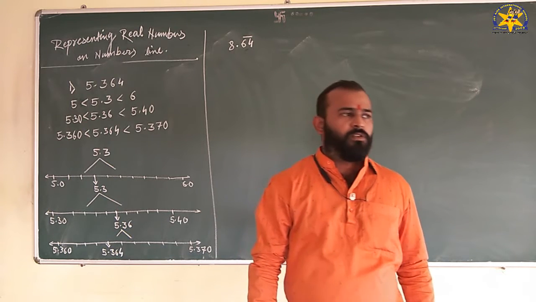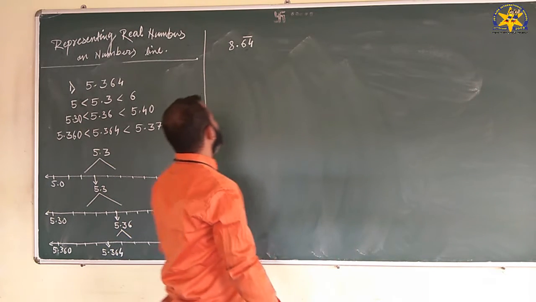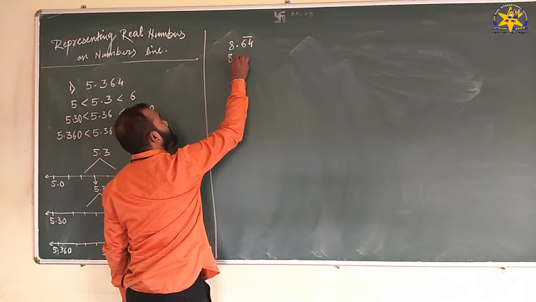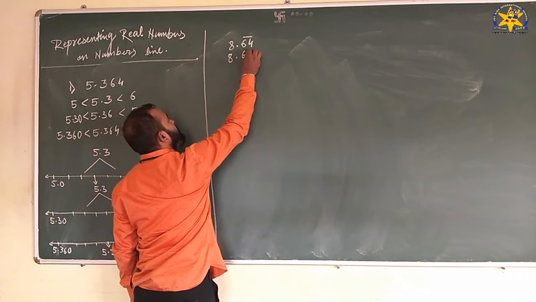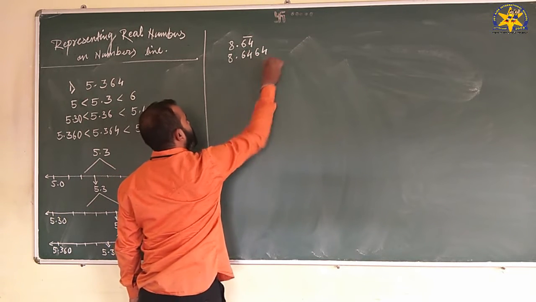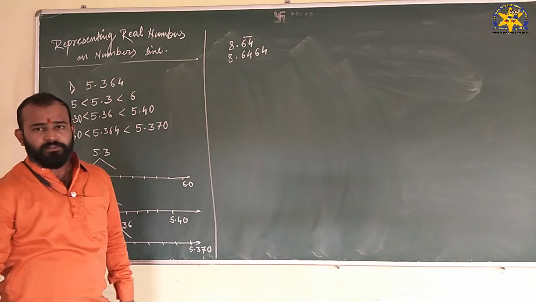Up to its 4 decimals means what? 8.64 recurring up to 4 decimals will be 8.6464, right? So this we have to represent on the number line.